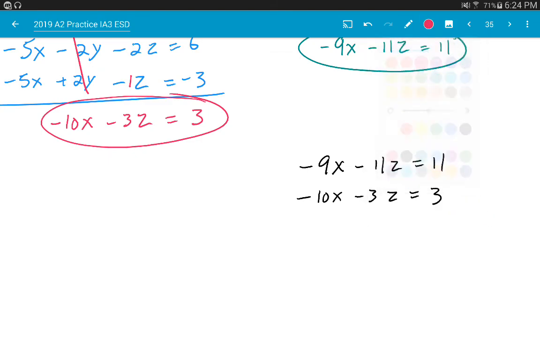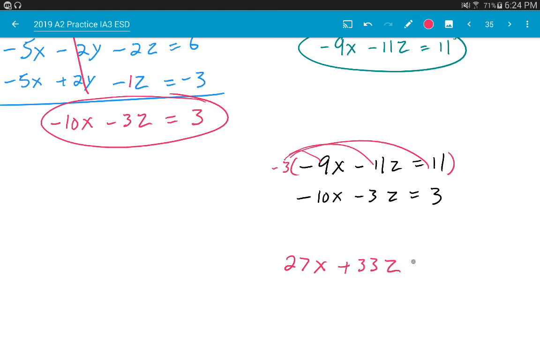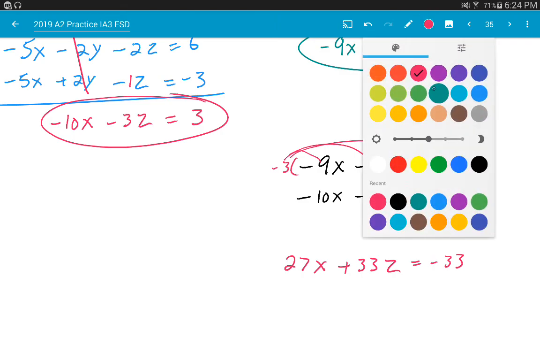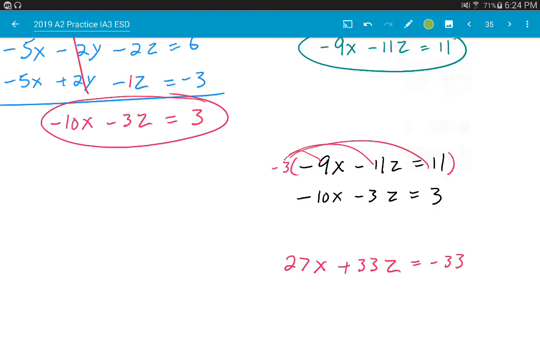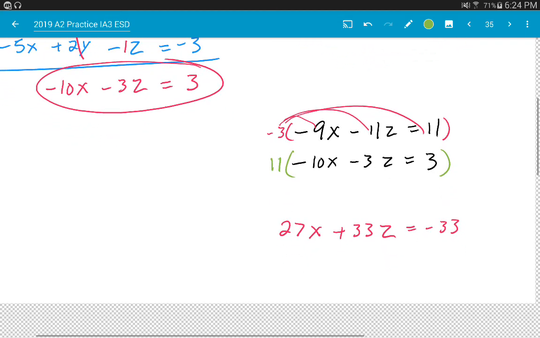I think what I'm going to do is this. Distribute negative 3 in here. Distribute that onto these. That'll get me 27x plus 33z equals negative 33. Then I'm going to take this and multiply it by 11.